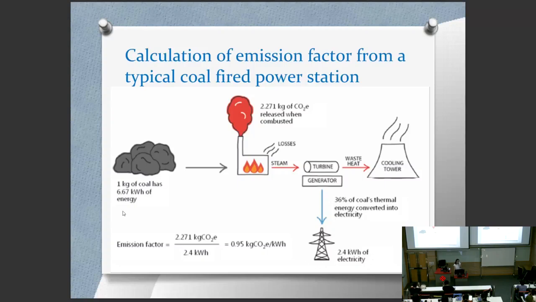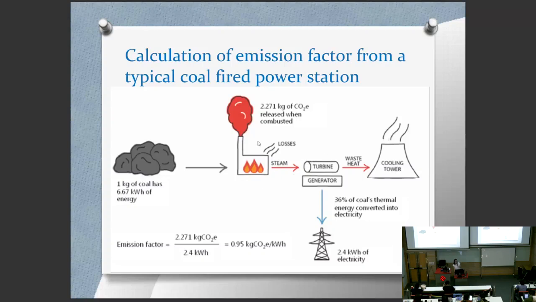So the input of primary energy would be 6.67 kilowatt hour of coal. This is the amount of primary energy, and then after some process, it generates 2.4 kilowatt hour of electricity. So not 100%.